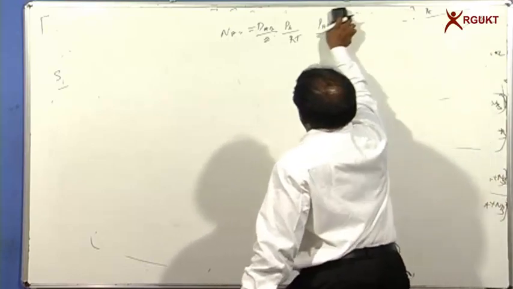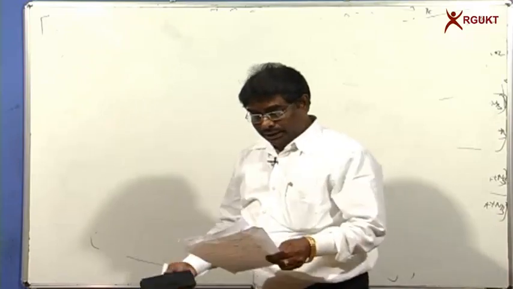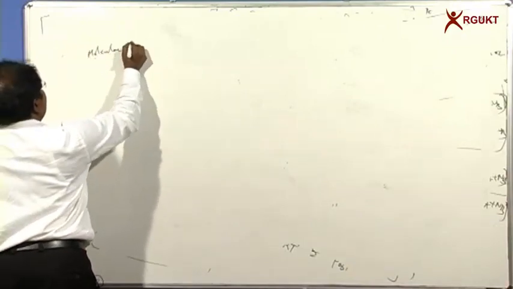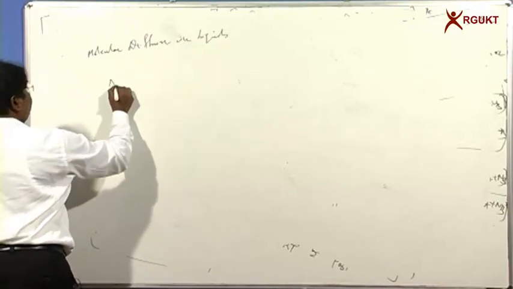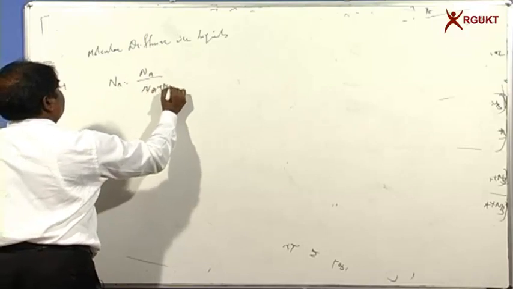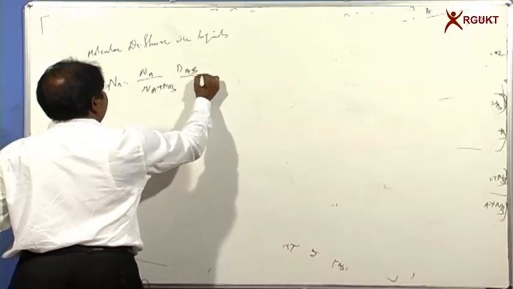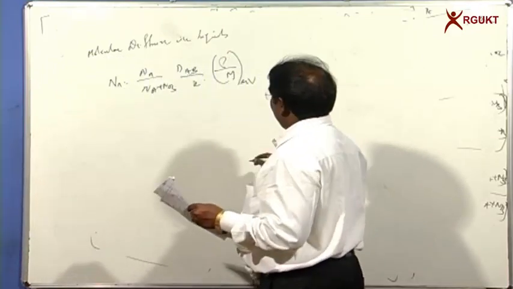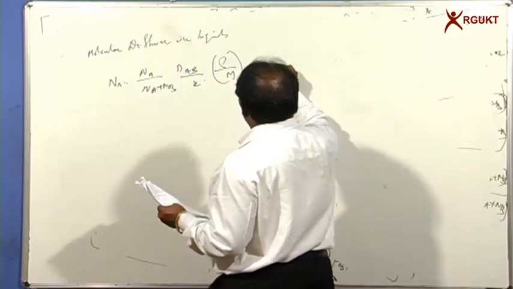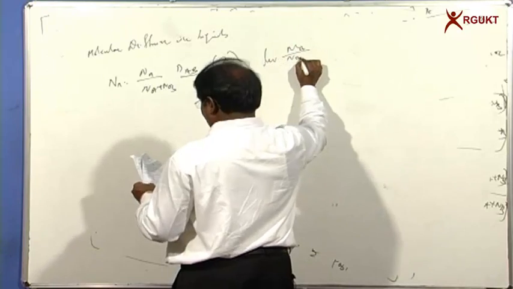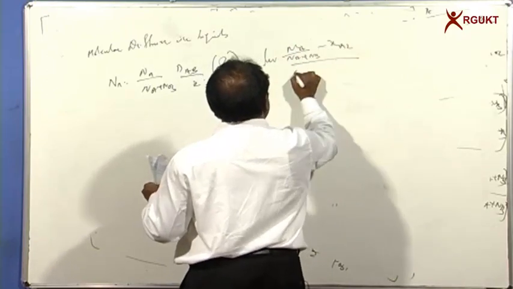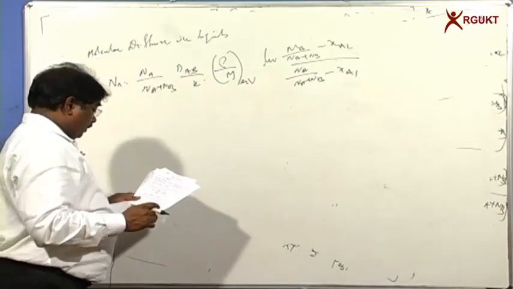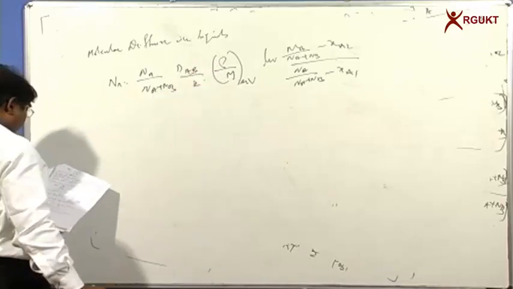But when nothing else is available, one can assume DAB as well as C is constant, and for the non-diffusing B case, molecular diffusion in liquids, we can write Na is equal to Na by Na plus Nb into DAB by Z, where instead of Pt we write rho by M average, where rho is the mass density divided by the average molecular weight, into ln of (Na by Na plus Nb minus Xa2) divided by (Na by Na plus Nb minus Xa1).